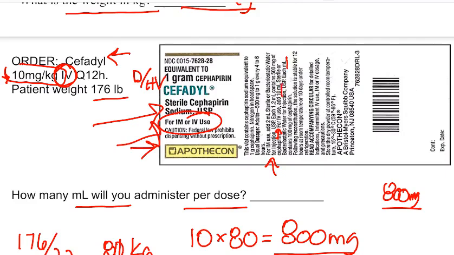Each mL contains 100 milligrams. So I'm going to do 100 milligrams times 1 mL. Do you see that? I had to look for the IV use concentration and use that in my calculations. So I'm going to do 800 milligrams divided by 100 equals 8, times 1. So I'm going to give 8 milliliters per dose.